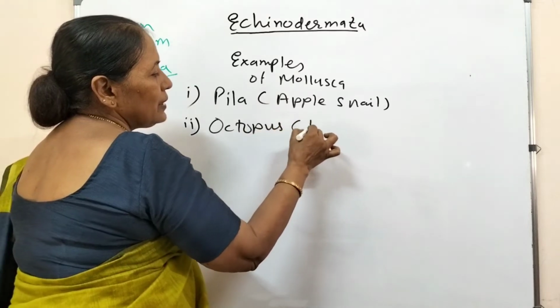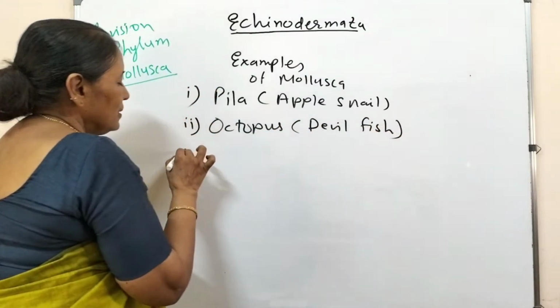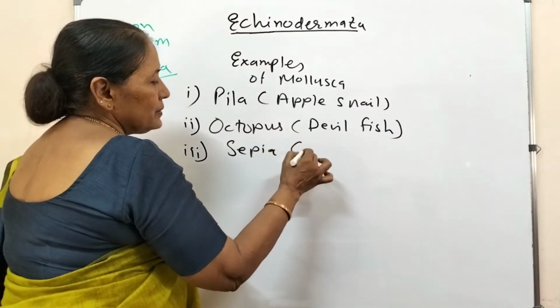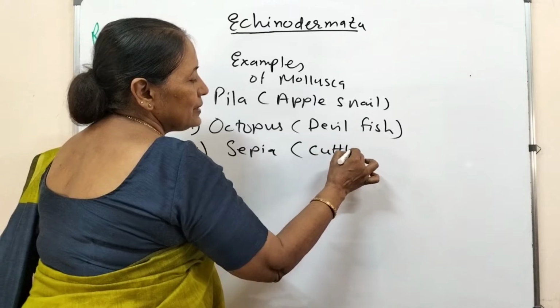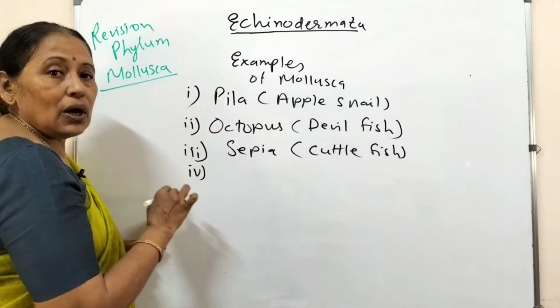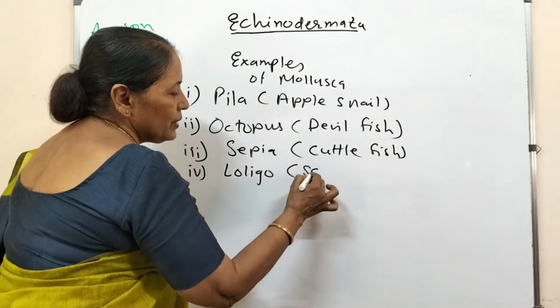Octopus is called devil's fish. Then Sepia. Sepia is the cuttlefish. Then Loligo. Loligo is the squid.